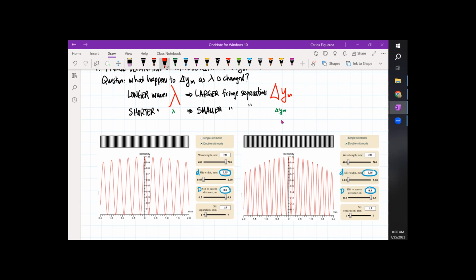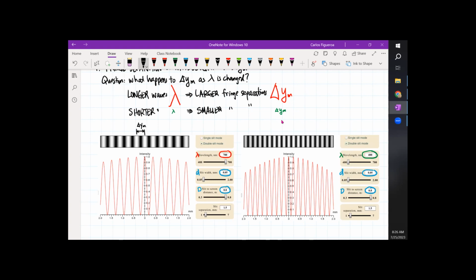And look what I'm seeing here. This is lambda, and you can see that it's 700 nanometers. This other lambda is 400. What I like about that is that I can look at the separation of these fringes, and this is delta y of m.